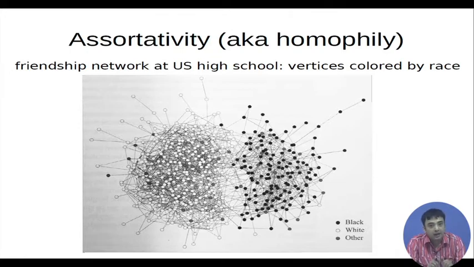An edge in this network indicates a friendship relationship. What you observe immediately is the existence of homophily: blacks are more friends with other blacks, whereas whites are more friends with other whites, and there are hardly any connections between blacks and whites. So, this is the idea of homophily that we will build on from now. This is one of the very interesting examples.